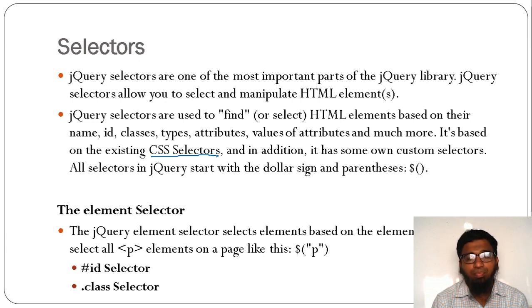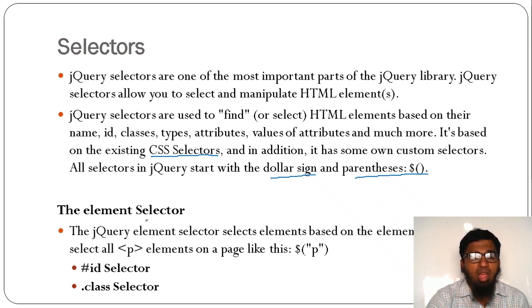Already we have learned CSS selectors in the first unit, and in addition it has some of its own custom selectors. All selectors in jQuery start with the $ sign and parenthesis. You can see the previous video for CSS selectors, where we covered 6 selectors.